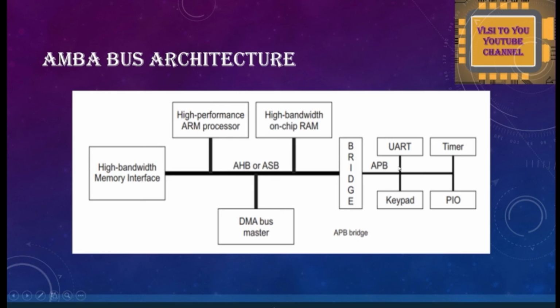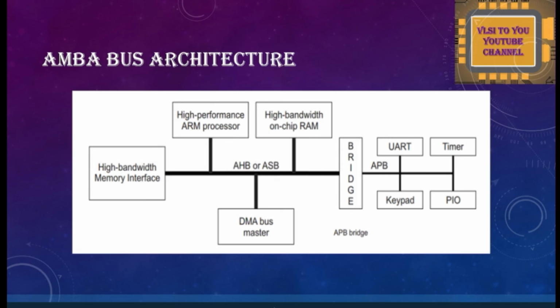So you can't use APB here. You will be using AHB, or mostly you will be going for AXI, because AXI was introduced later. Firstly, AHB or ASB were introduced, so that is why we are taking it as AHB or ASB. Mostly we will go for AXI nowadays. So we will be using buses like AHB, ASB or AXI in order to interconnect these high bandwidth components.